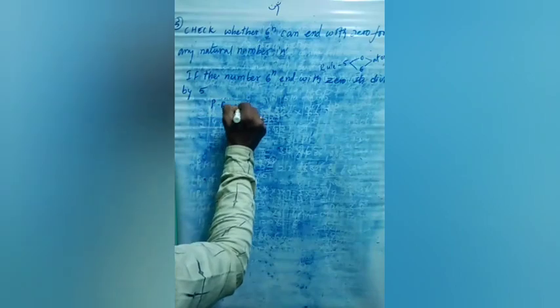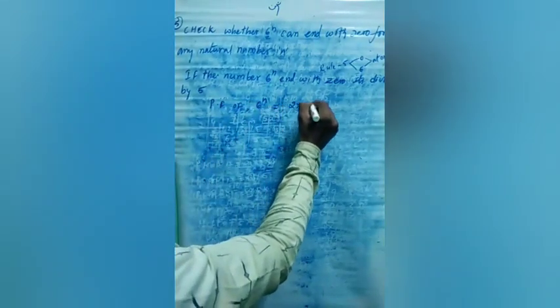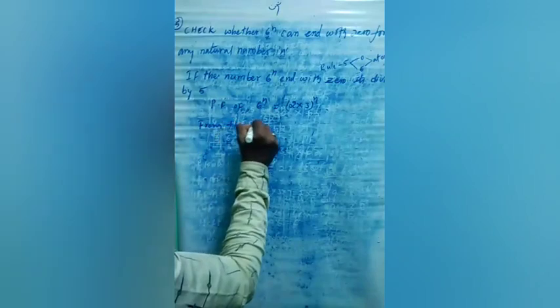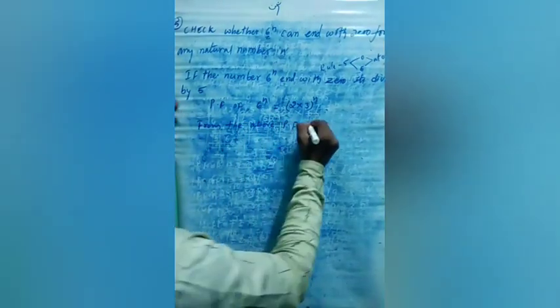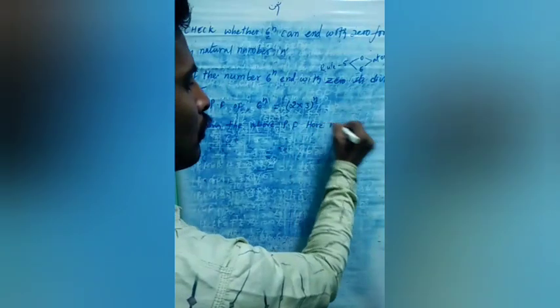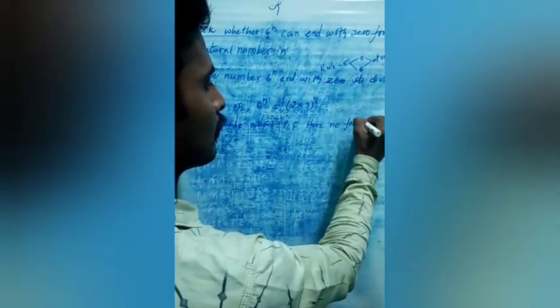Similarly, the prime factorization of 6 to the power n is equal to 2 into 3 whole power n. From the above prime factorization, there is no prime factor 5.